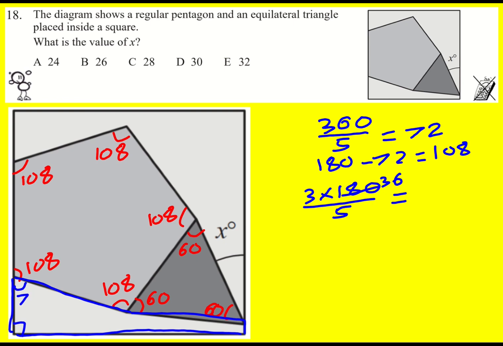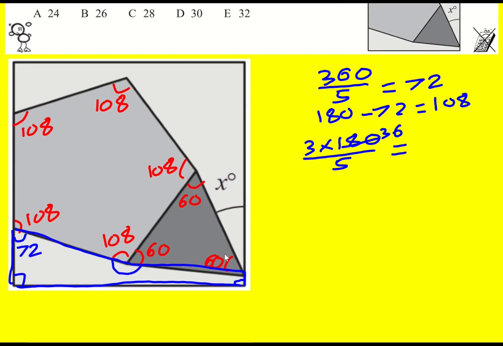That's going to be 72. In fact, that's the exterior angle. I've got a right angle here, and then I can work out this one because that's going to give me 360 minus 168. And so that's going to be 192. And I've now got a 1, 2, 3, 4, 5.